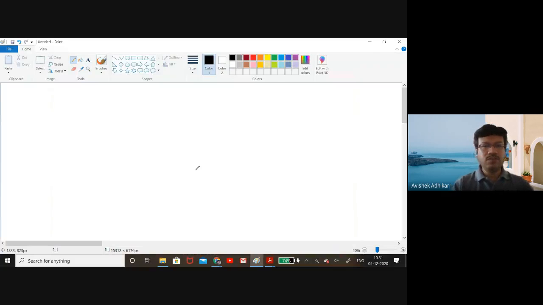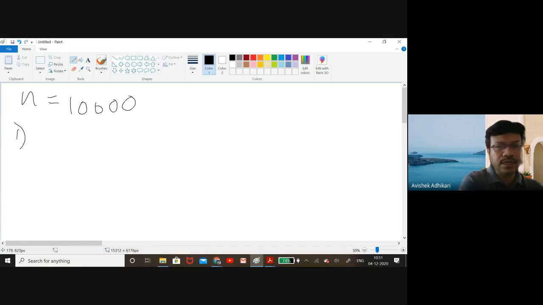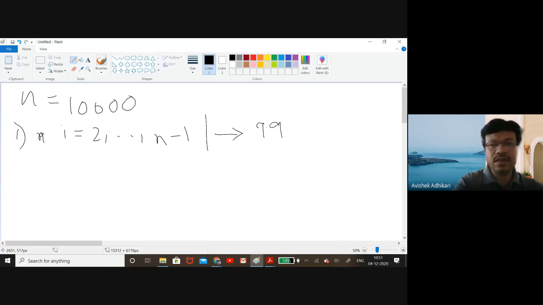If none of them divides n, then your conclusion will be the number is prime. In that way, you may see that if n is of this form, say 10,000, and you do the first algorithm, from i equal to 2 to n minus 1, then you have to do around 10,000 steps.